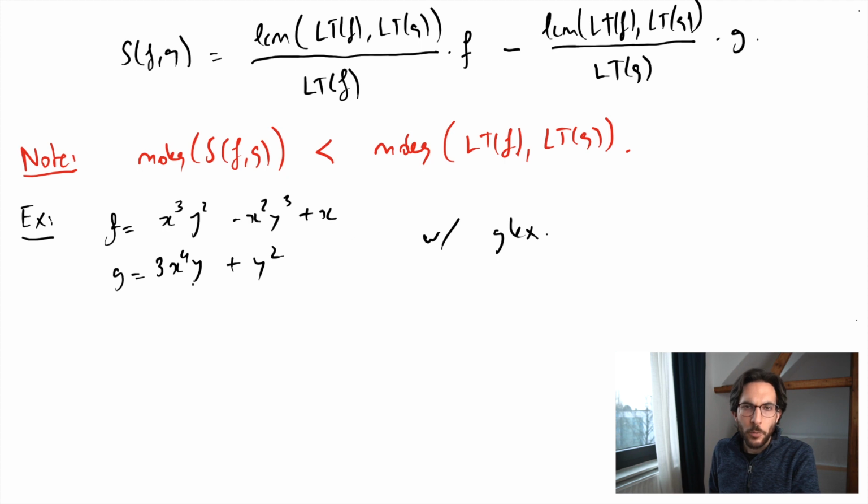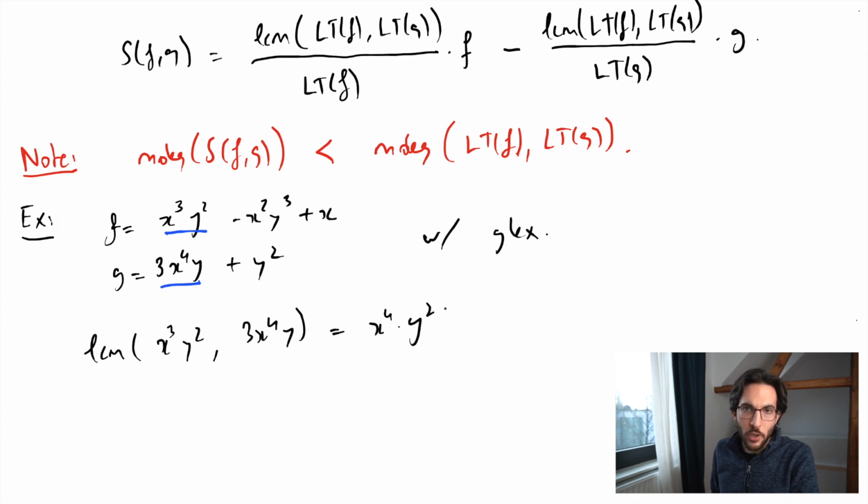I take these two polynomials and I order the monomials with respect to the graded lexicographic ordering, so that x cubed y squared is the leading term of f, and 3 x to the 4 y is the leading term of g. The least common multiple is where we just need to read the highest power of x that's appearing here, this is x to the 4, times the highest power of y that's appearing here, that's y squared.